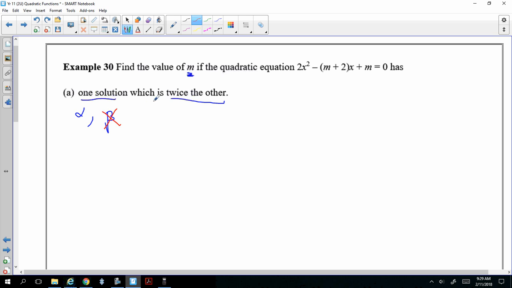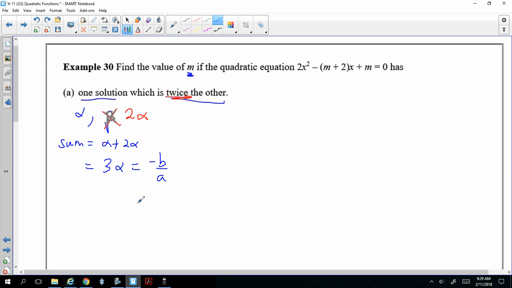And then what you need to do is to do the sum of the roots. The sum is alpha plus 2 alpha. And what does that equal to? 3 alpha. And even though it's double the other, it's still equal to negative b over a. Yes? So you get 3 alpha equal negative bracket m plus 2 over 2.